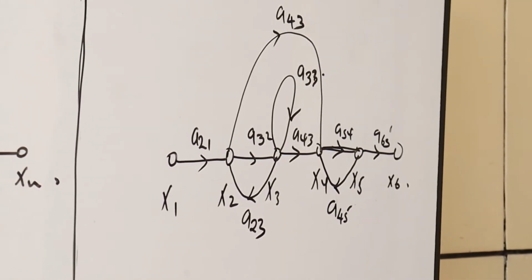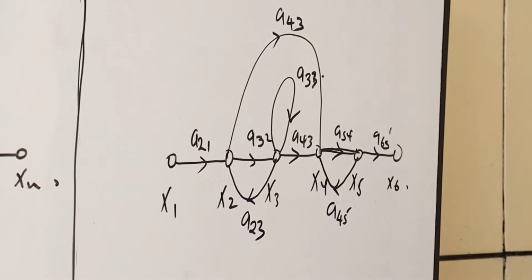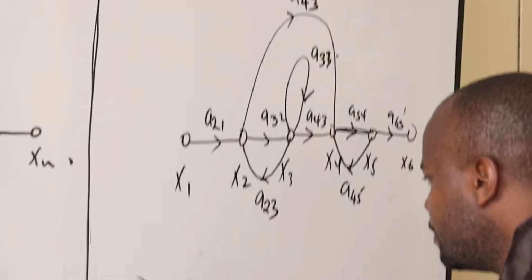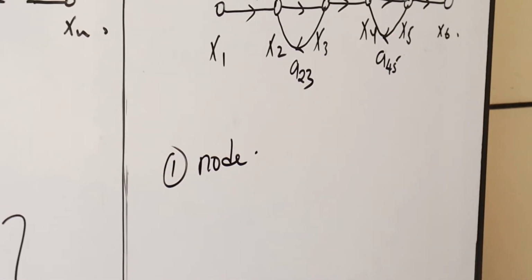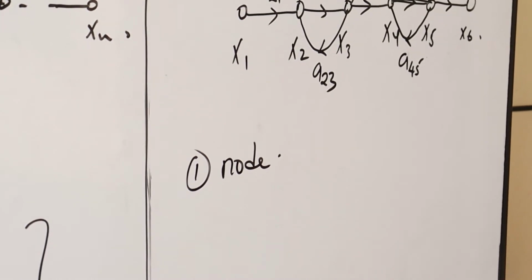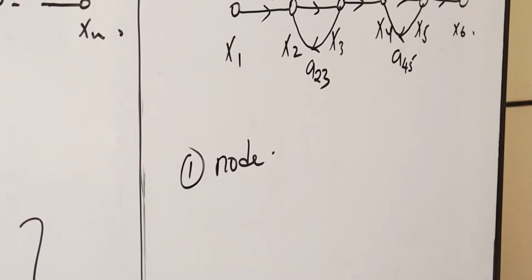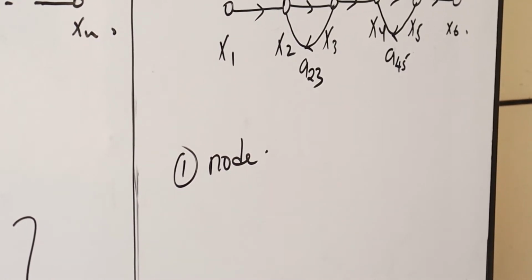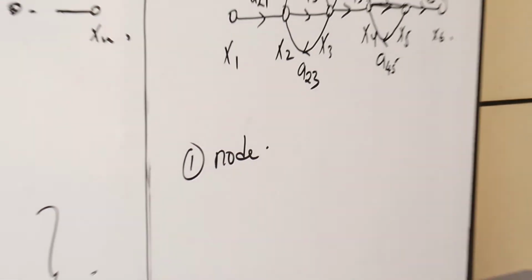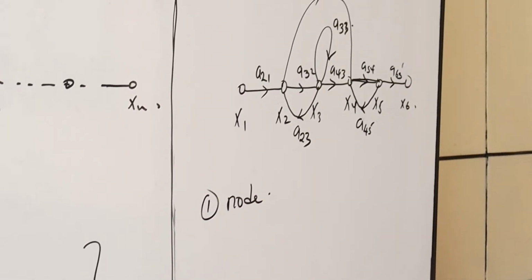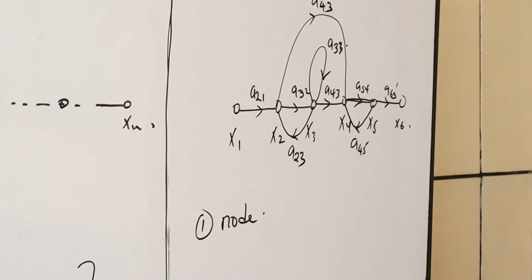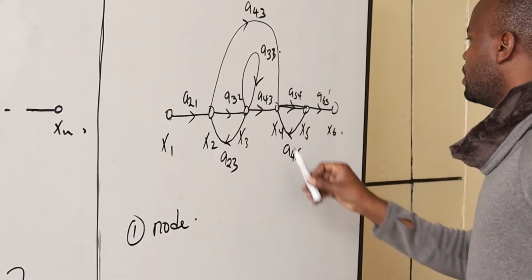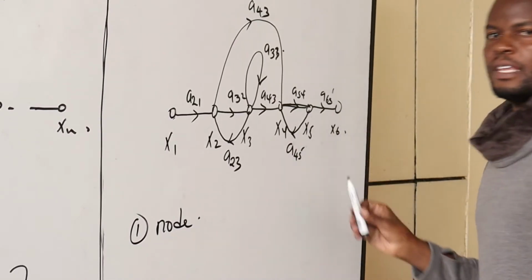Under this, we are going to start by defining what a node is. When we talk about signal flow graphs, we usually represent the signals in terms of nodes. Therefore, a node is just a system variable that equals the sum of all incoming signals. Like in that case, we have the nodes x1, x2, x3, x4, x5, and x6.